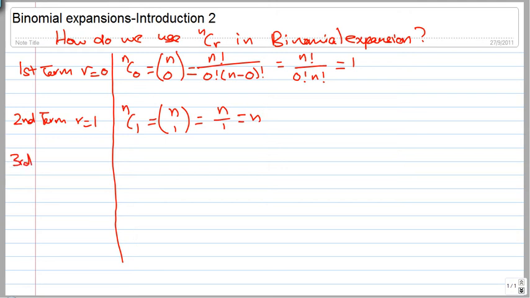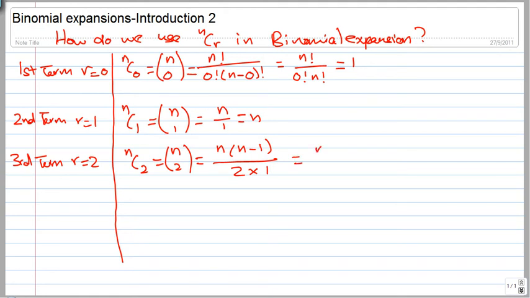The third term: r is equal to 2, so instead of writing NCR, we write NC2. The third term can also be written like that, and this is equal to n times n minus 1 over 2 times 1, which is n times n minus 1 over 2.